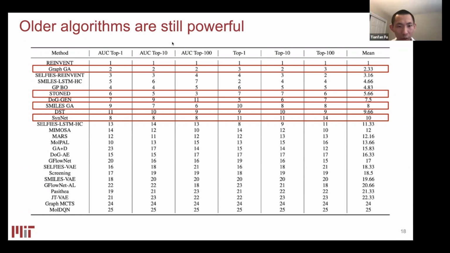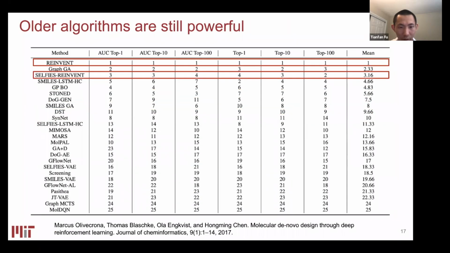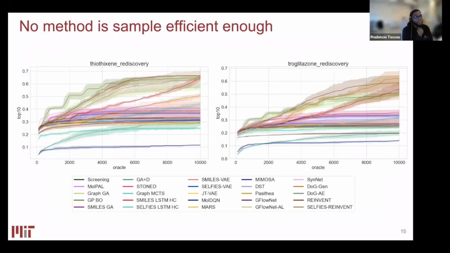Oh, no, I think it's, so basically what the AUC top 1, top 10 and top 100 are measuring.